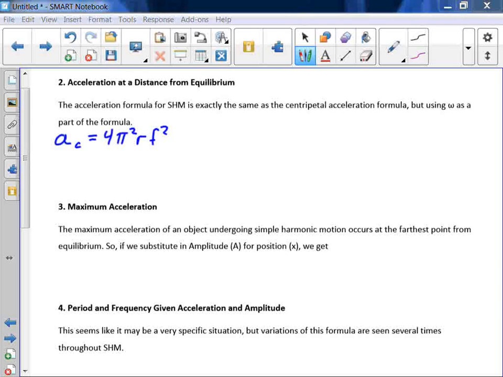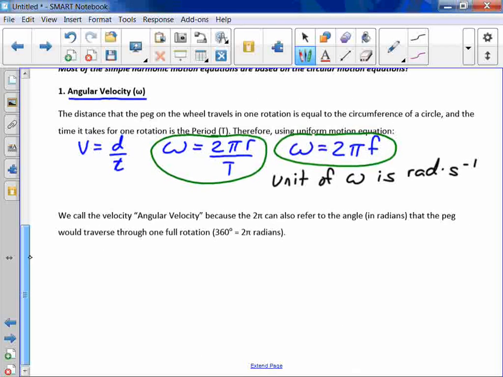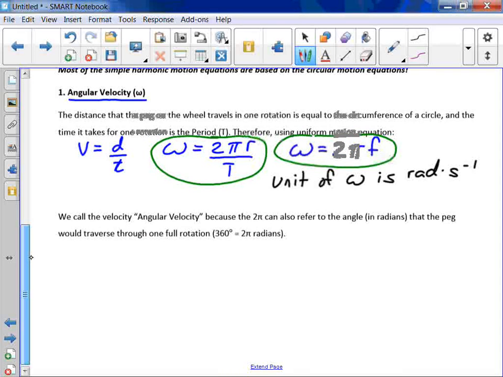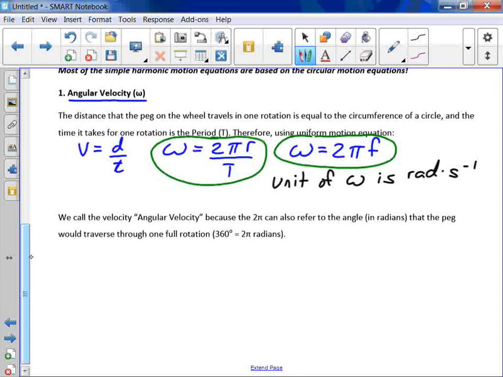Now, if instead of r, the radius, we use x in terms of the distance from equilibrium, sorry, I got it backwards. I forgot the R in here.